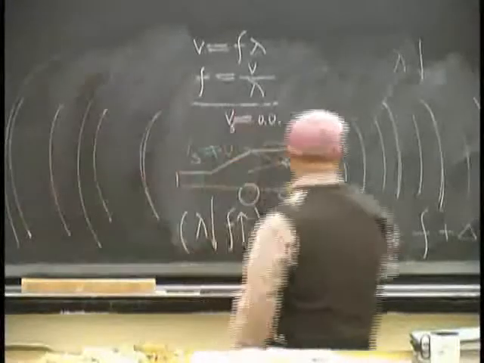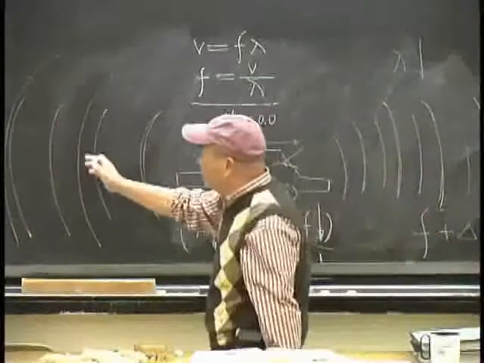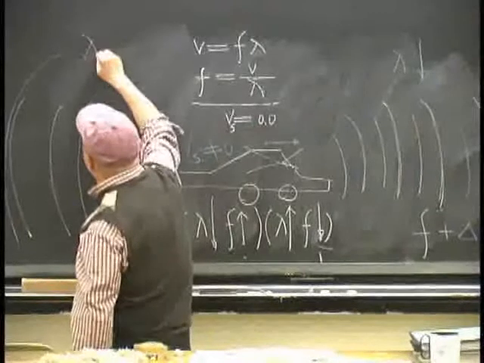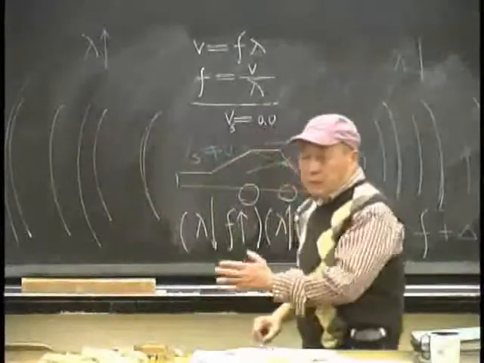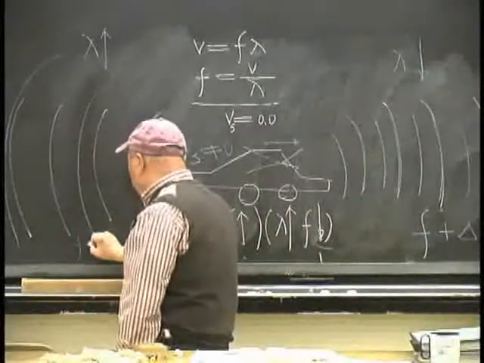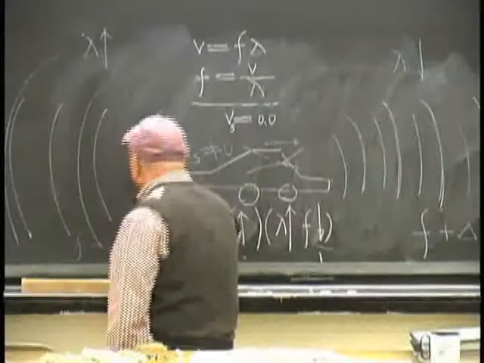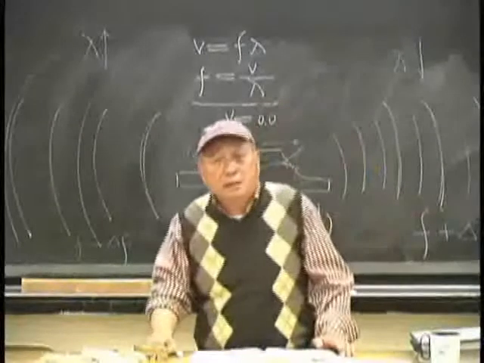When it's diluting, it means the wavelength, each crest and trough, is getting larger. So lambda becomes larger, and in this case the frequency becomes smaller. That is the Doppler effect.